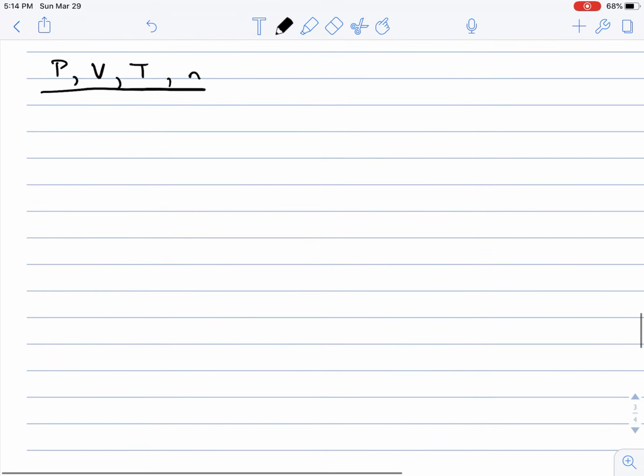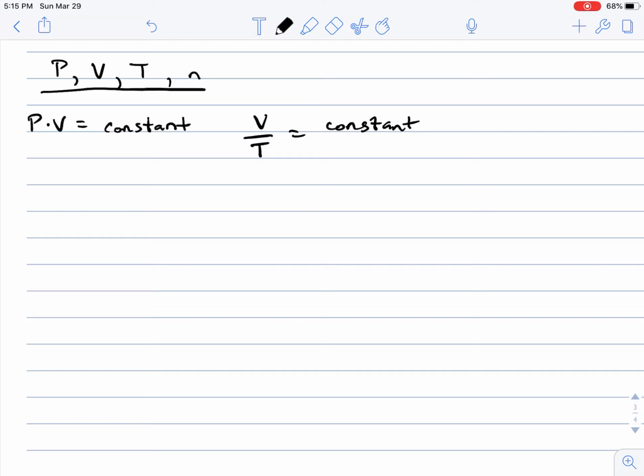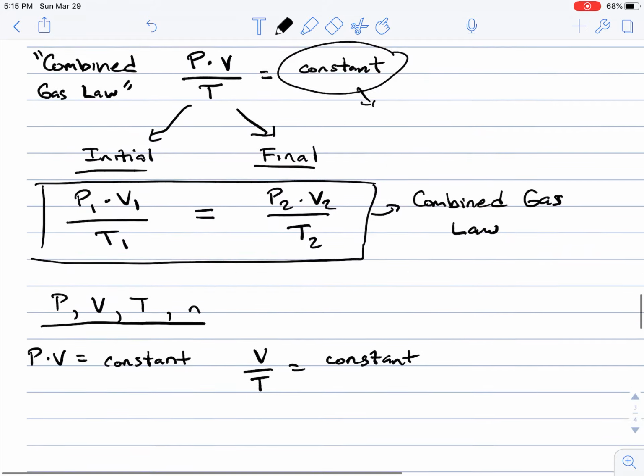So let's write that down. P times V is equal to some constant, V over T is equal to some constant, and what was the last one?